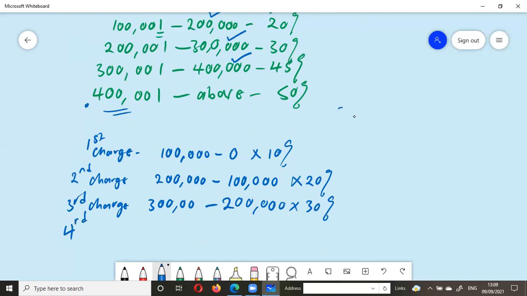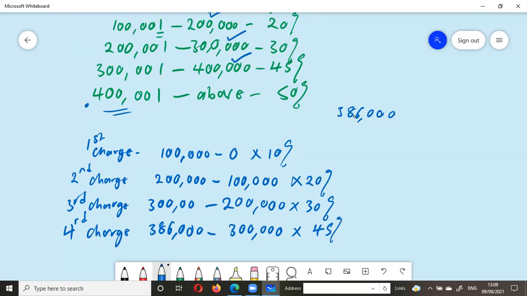No. Remember, it is 386,000. Because the amount of money doesn't reach 400, the fourth charge will be 386,000 minus 300,000 times 45%. Have you got that concept?